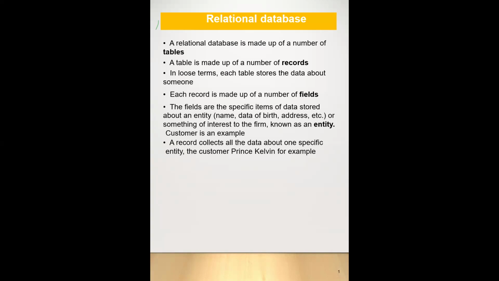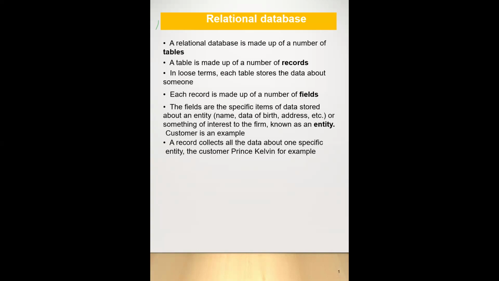And that name is called what? Maybe a first name. So the field is called first name, or that field is called last name, or that field can be called date of birth. It is made up of different characters, right? And then when we combine several fields, we form what we call a record.